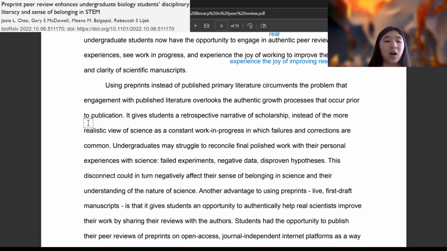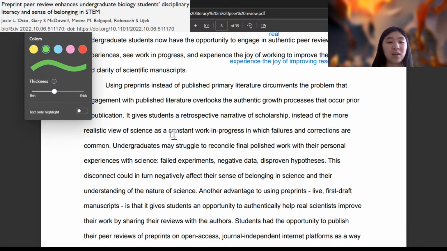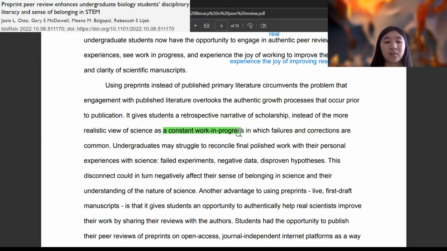And so it creates this expectation in students that all research is always 100% true, but there's often a lot of mistakes in a rough draft. And so being able to get feedback from other experts helps people analyze and improve their research. And so that's why it's emphasizing the constant work in progress rather than a retrospective narrative of everything is correct.